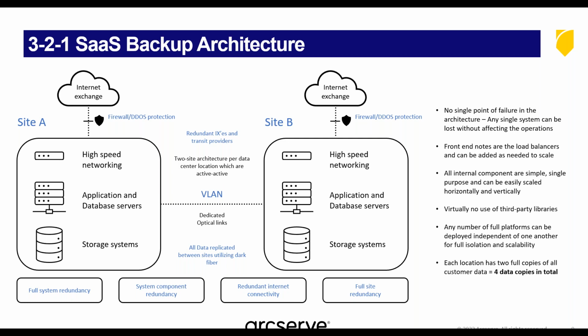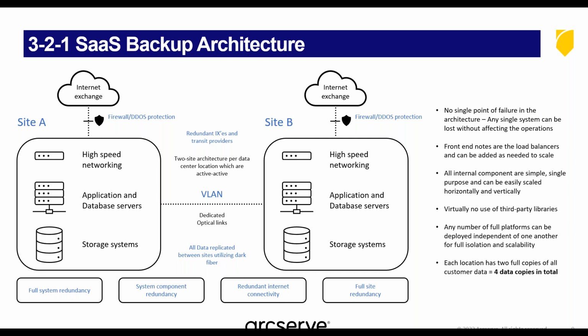Each data center has two sites, configured with active site A and site B. Both sites are connected with a dedicated optical link. All the data are replicated between the sites using dark fibers. There is no single point of failure in this architecture.